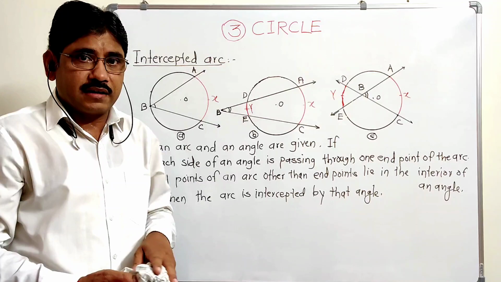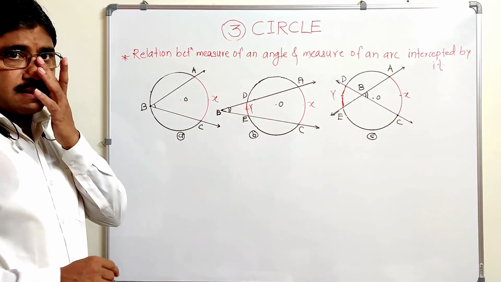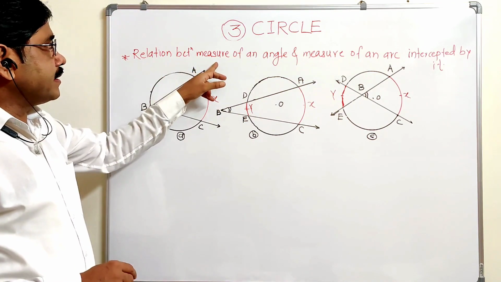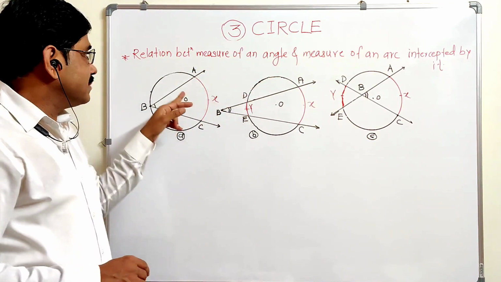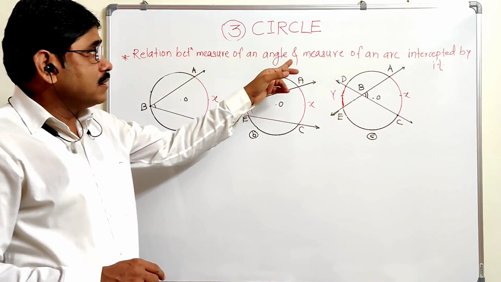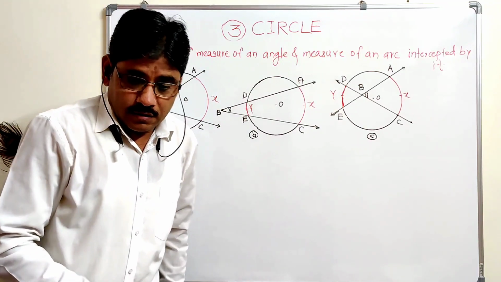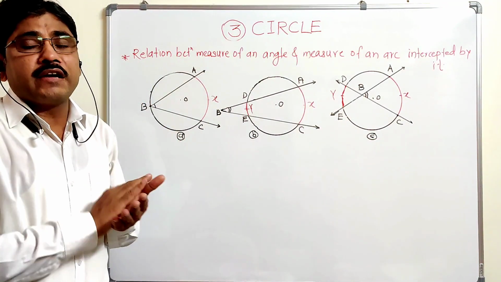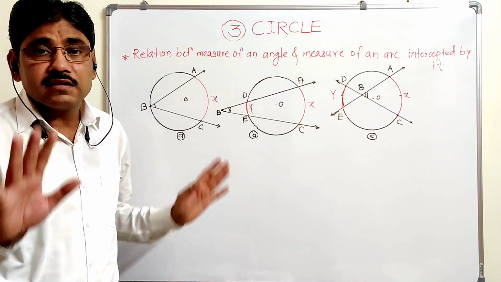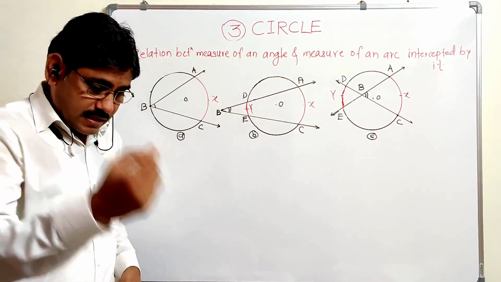Let us see the next concept. The relation between the measure of an angle, angle ABC in each case, and the measure of the arc intercepted by it. These relations are not given even in 9th standard and 10th standard, but we have to use them. So let us study that relation.